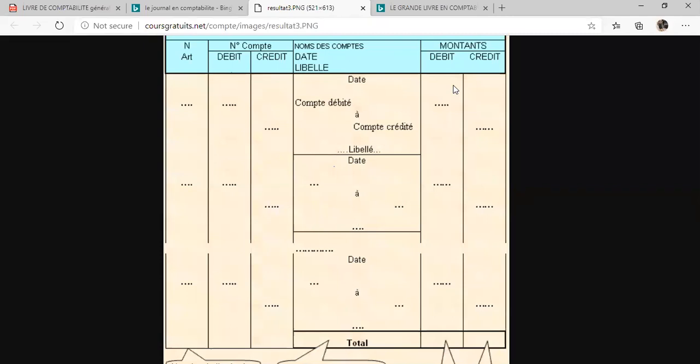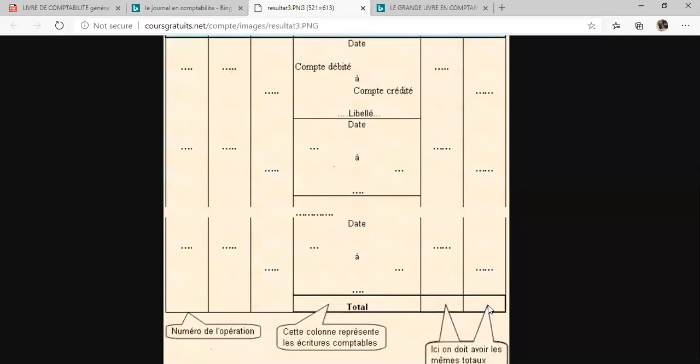So when you have the total of both sides, and it so happens that one side is greater than the other, you'd have to calculate the sold. And that would be placed just here, just before the totals. You'd have to add this sold to the amount which is lesser to make it equal. So it's more like the balance brought down and carried down, right? Yes, that's exactly what sold is. All right.